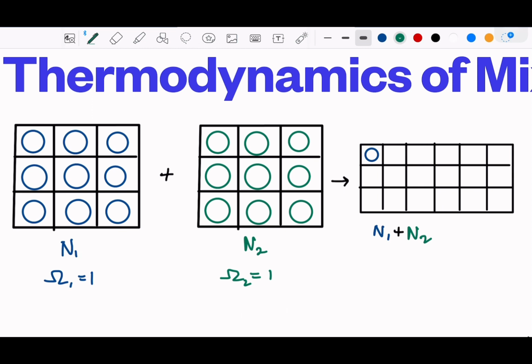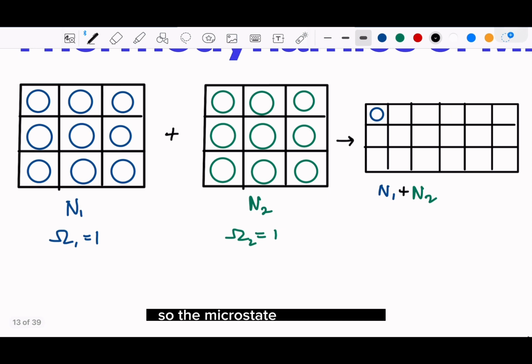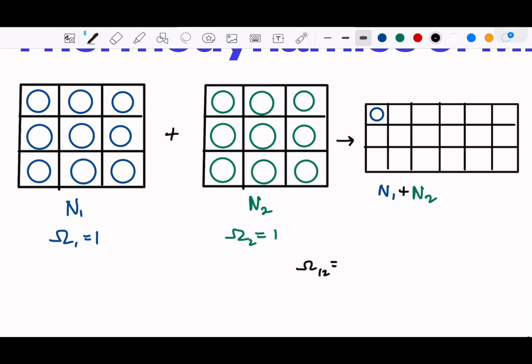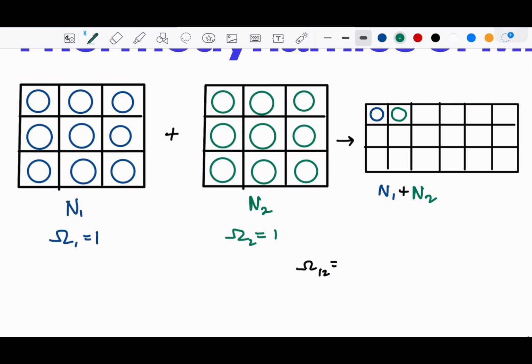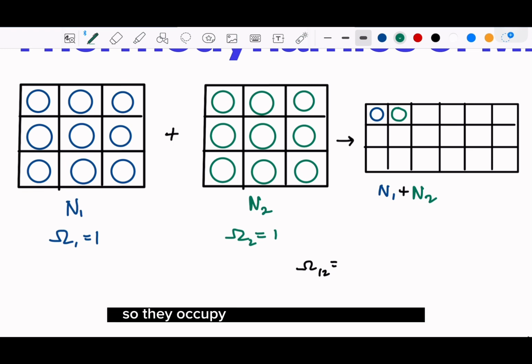Let me write here. So the microstate for 1, 2 is, first we take both N1 and N2, like this one. So they occupy two spaces, right?